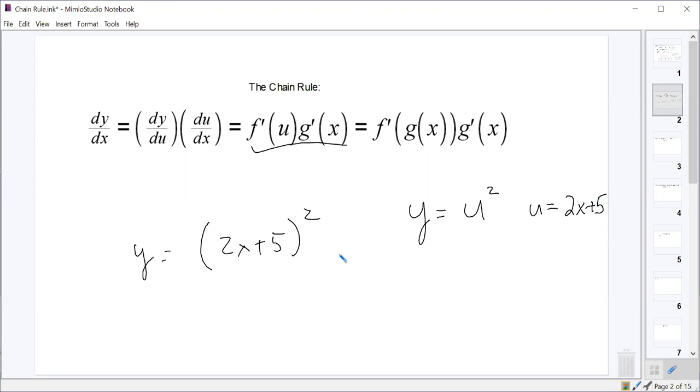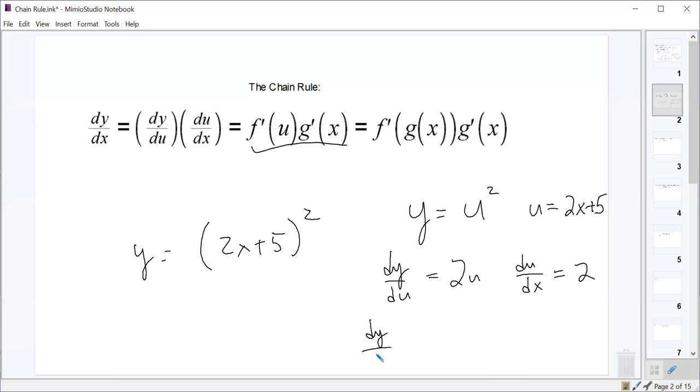Okay. So what's the derivative of u squared with respect to u? 2u. And what's the derivative of u with respect to x? 2. So here, if we multiply these together, what do we get?